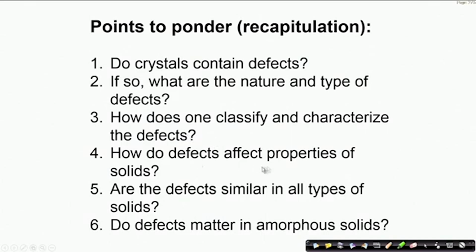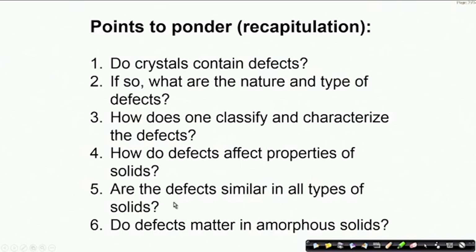What is even more important is how these defects affect the properties of solids, and by properties I mean both structural as well as functional properties. For example, having point defects can make a lot of difference in terms of conductivity or band gap of a crystal. Having line defects can make a lot of difference in terms of ductility or strength of a material.